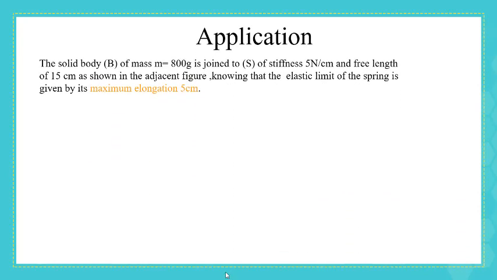The solid body B of mass M equal 800 gram is joined to spring S of stiffness 5 Newton per centimeter and free length of 15 centimeter as shown in the adjacent figure. Knowing that the elastic limit of the spring is given by its maximum elongation 5 centimeter.